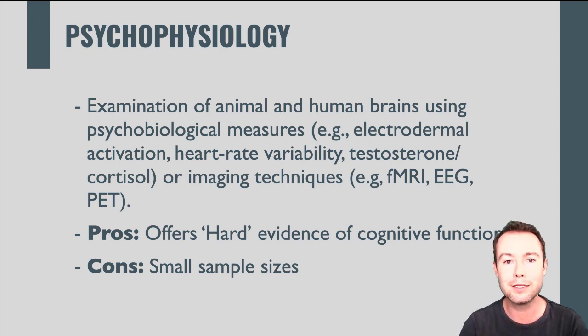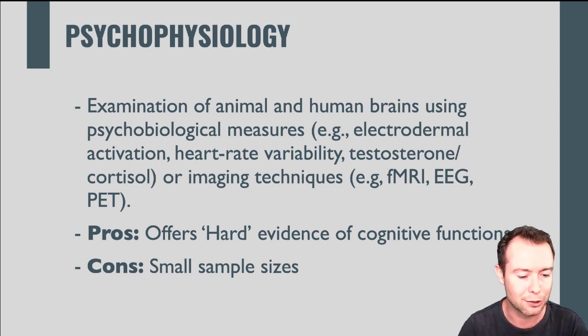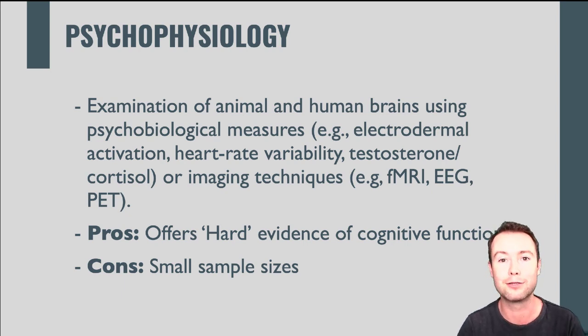Some of the main strengths of using these psychophysiological approaches is, one, that they provide a sort of objective or hard evidence of different cognitive functions. If we take the example of electrodermal activation, you might have somebody come in and they're doing an experiment, and if you ask them at a self-report level, are you anxious or are you stressed right now?